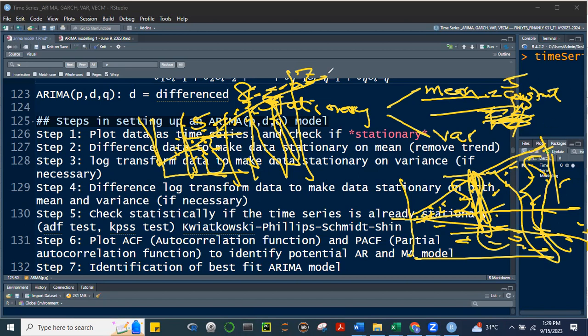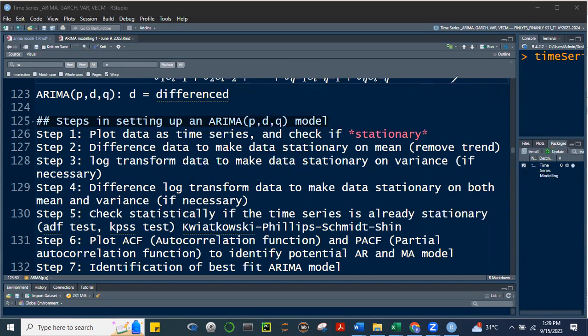All right? Let me clear once again. Class, is this clear so far? Yung stationary, yung concept ng stationarity. In ARIMA, you cannot model a time series that's not stationary.